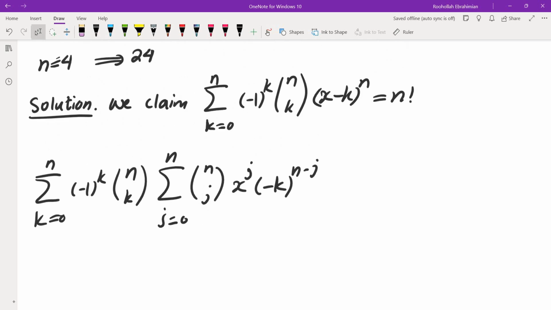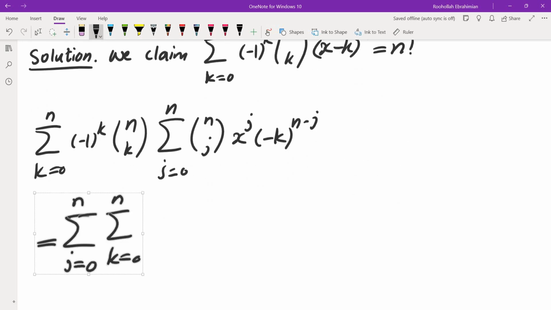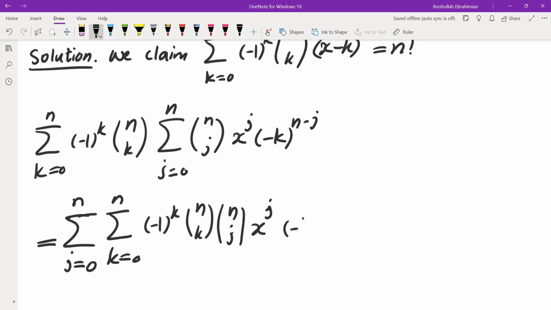Now I'm going to swap the two sums. So I'll have a double sum, sum j from 0 to n, sum k from 0 to n. Then I'm going to first write down everything else in the sum: negative 1 to the power of k, n choose k, n choose j, x to the j, negative k to the power of n minus j.